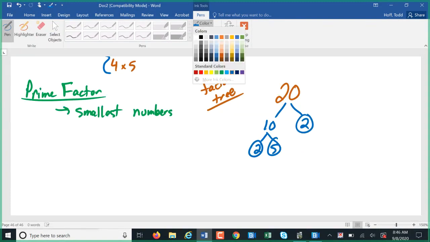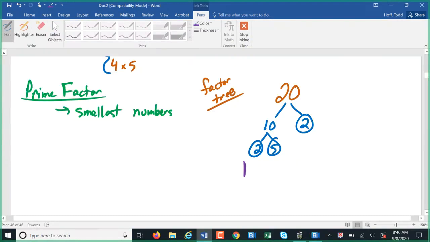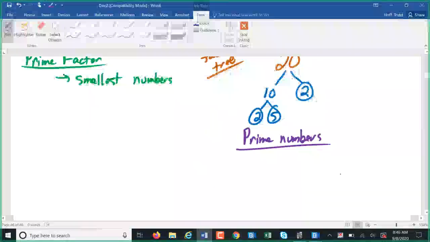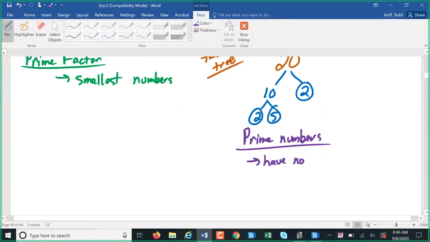So those are what we would call the prime factors. These are what we call prime numbers. What are prime numbers? Prime numbers are numbers that have no smaller factors.